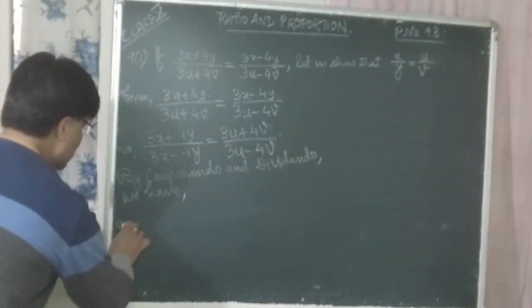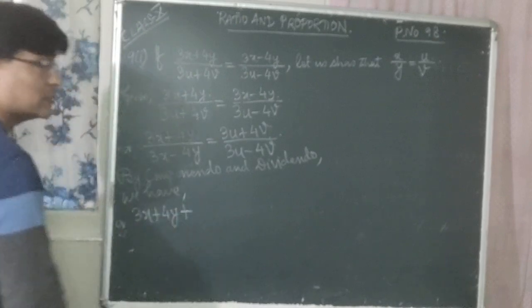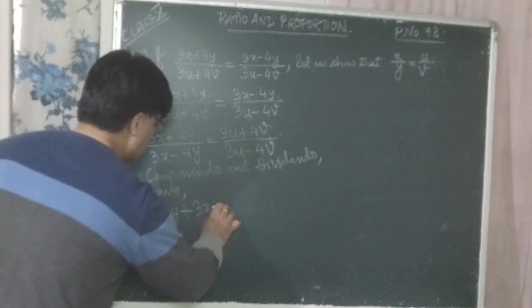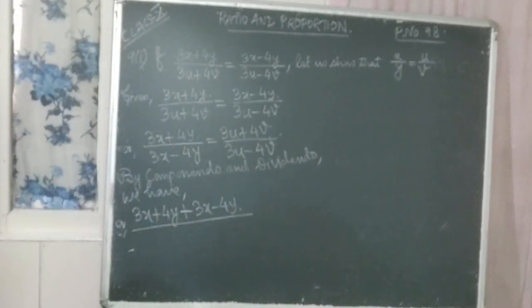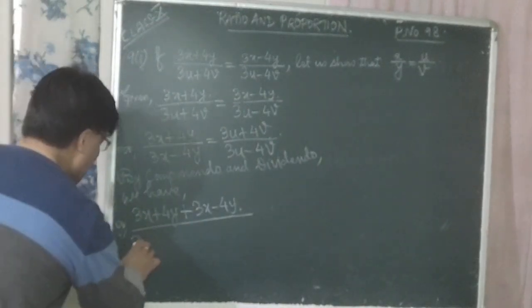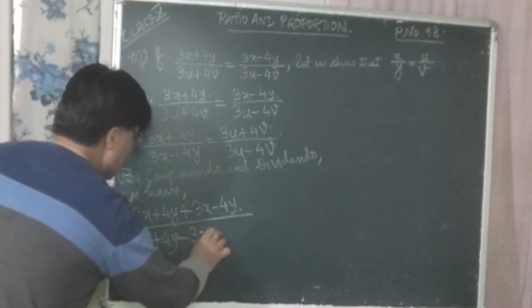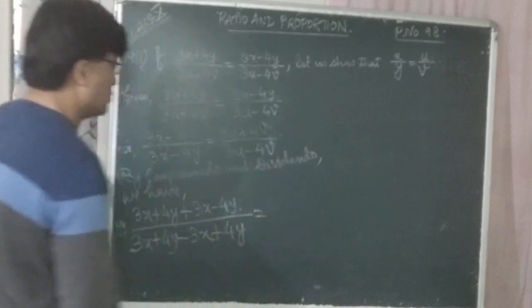Okay. So what is the numerator here? 3x plus 4y plus, what is the denominator in this case? 3x minus 4y. This whole divided by, in the denominator, what do we write? Numerator minus denominator. That is 3x plus 4y minus (3x minus 4y), which is equal to.